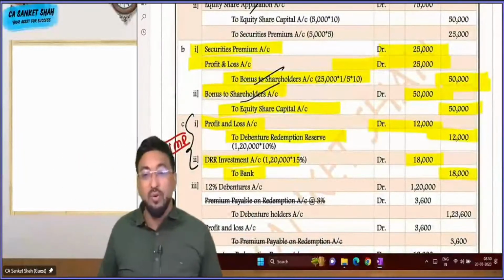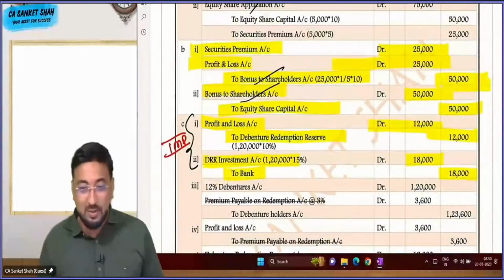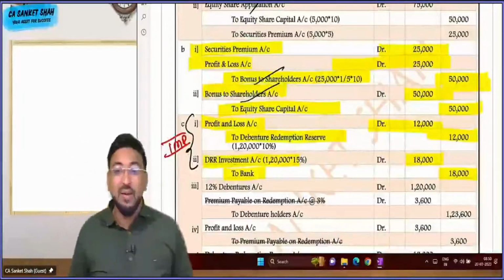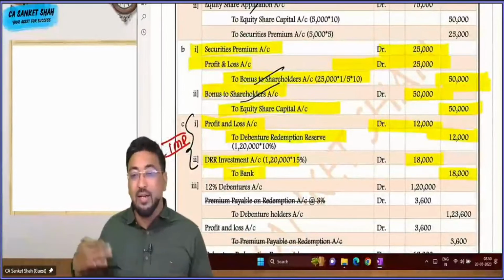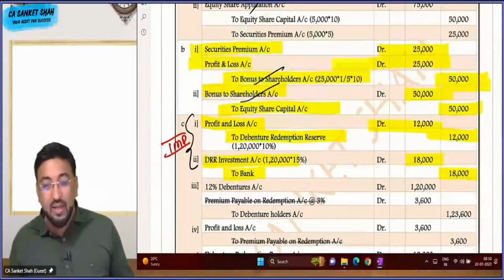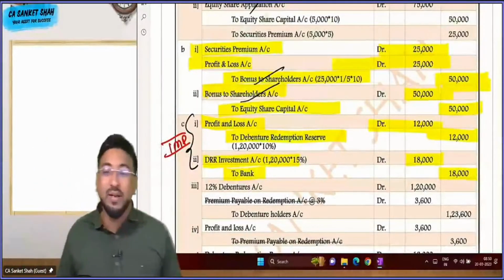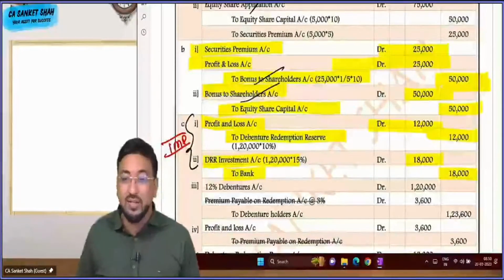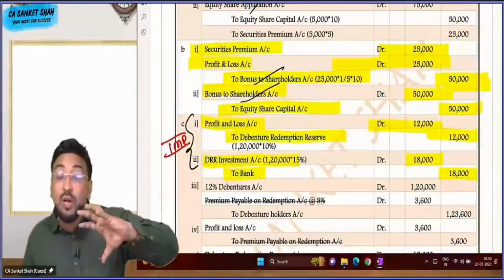See, we are going to create it and again we are going to transfer it, so it doesn't make sense, beta. But don't write it in the balance sheet, because we are going to cancel it once again. So this is what ICAI expects from you.